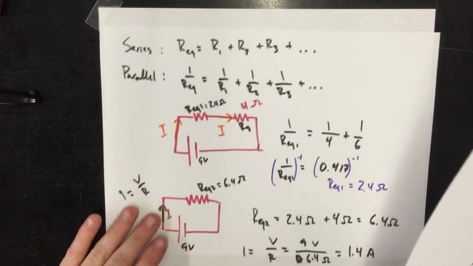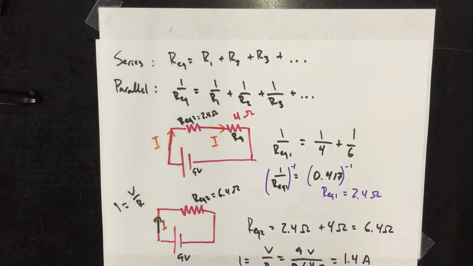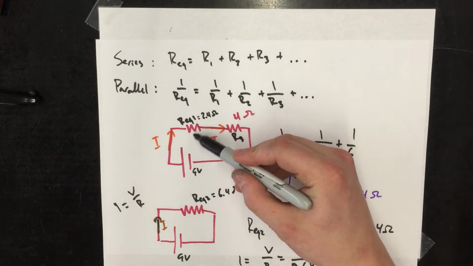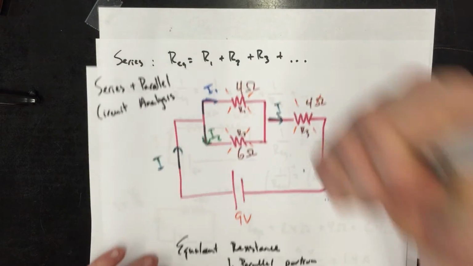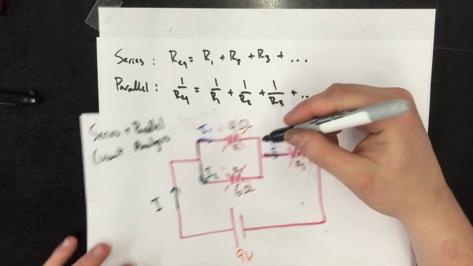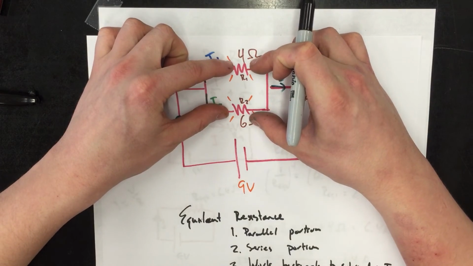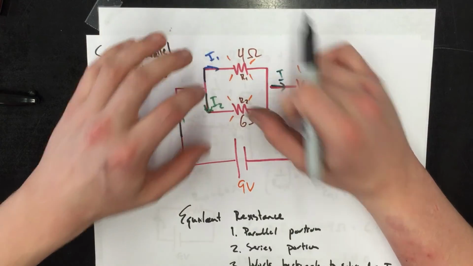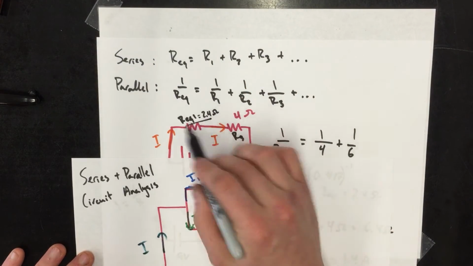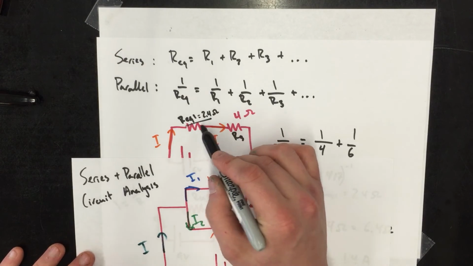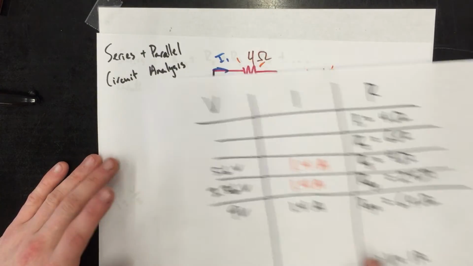Back to conceptual understanding. I need to think about what's the same in this equivalent resistor as I work backwards to these two resistors. Is it the current or is it voltage that's the same in parallel circuits? It's the voltage. So the voltage that I found acting on this resistor would be the same voltage difference across both of these resistors.